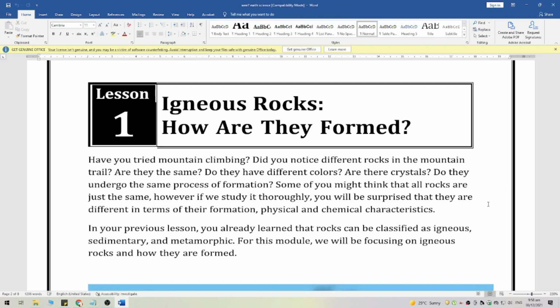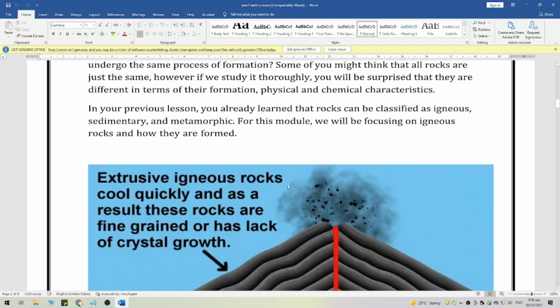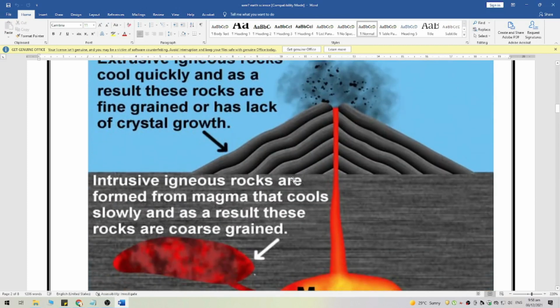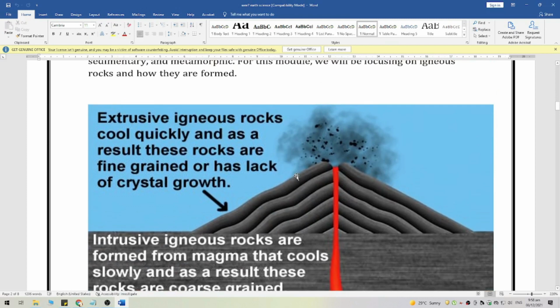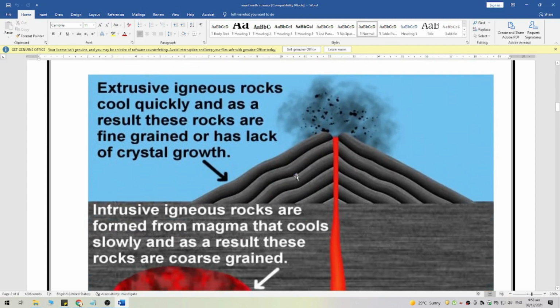Okay, so sa previous lesson natin, nalaman natin na yung mga rocks can be classified as igneous, sedimentary, and metamorphic, and for this particular topic we will be focusing on igneous rocks and how they are being formed. Now here is one simple diagram showing extrusive igneous rocks cool quickly, as a result of which these rocks are fine-grained or have a lack of crystal growth.